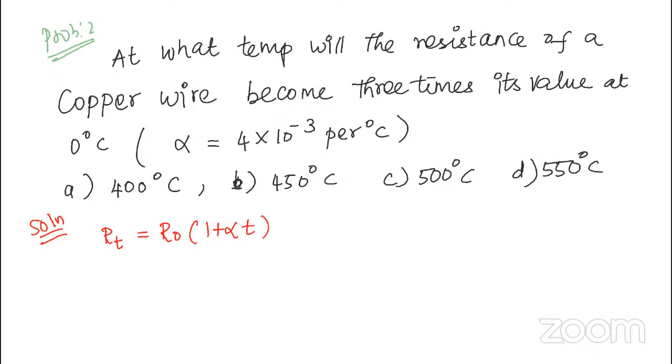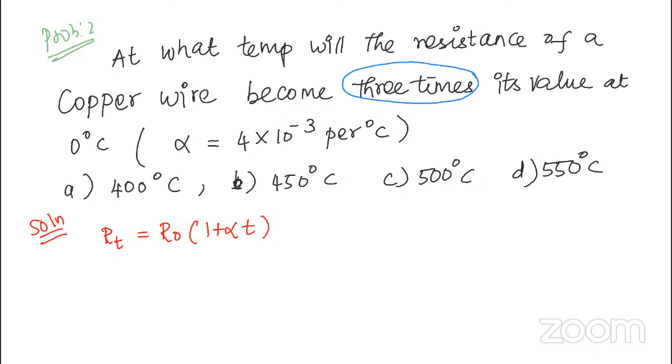Okay, so look here, the resistance of the copper wire becomes 3 times its value. So how many times should the resistance be increased compared to the initial? It should be increased 3 times. Initial temperature should be 0.